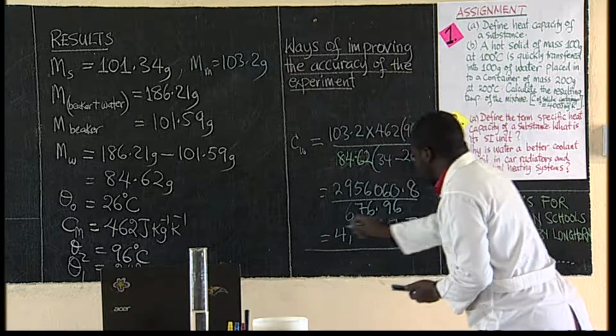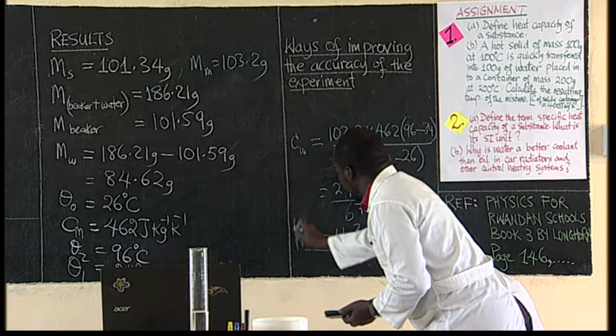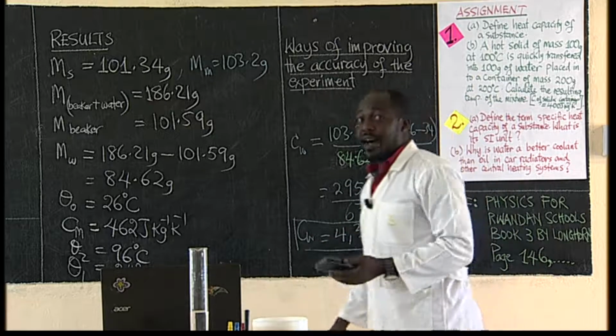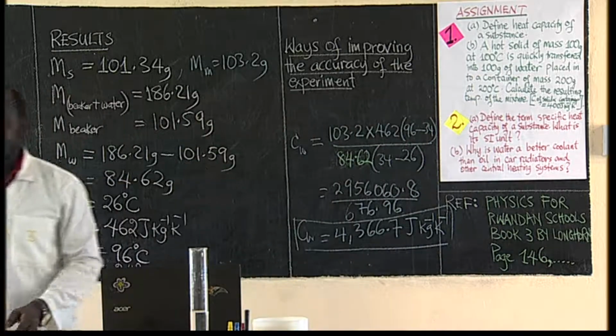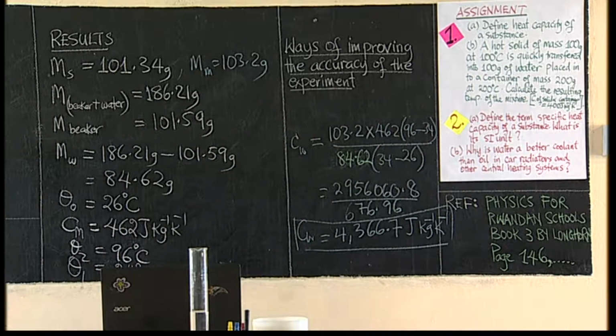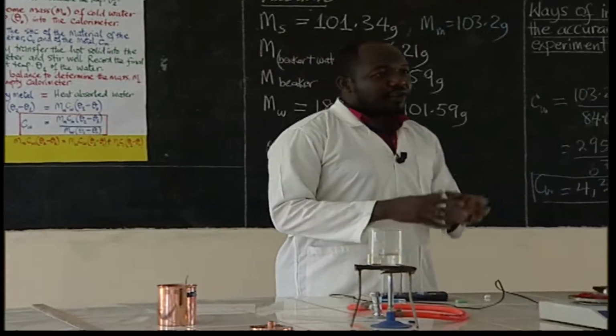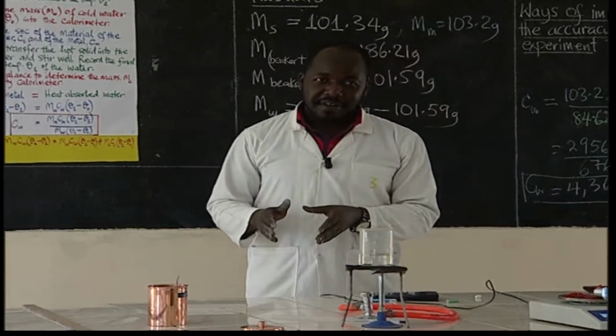So what we have got here is the specific heat capacity of water, which is 4,366.7 joules per kilogram per Kelvin. Now, as we conclude, an experiment like this, the true value is 4,200.